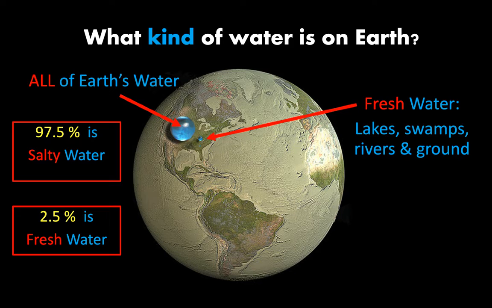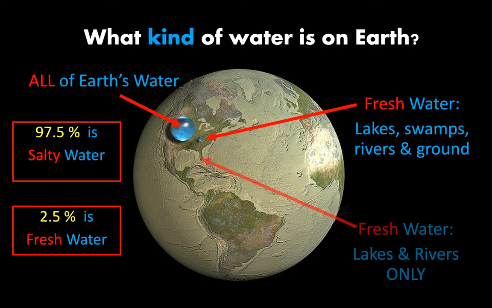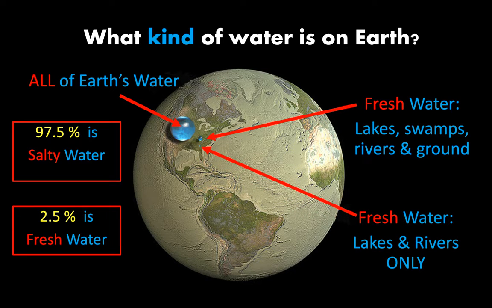This middle-sized blob represents all of Earth's freshwater found in lakes, swamps, rivers, and underground. All of it. But the smallest, tiny blob that many of you may not have even noticed was there, that is Earth's freshwater that is on its surface, for example, in lakes and rivers.